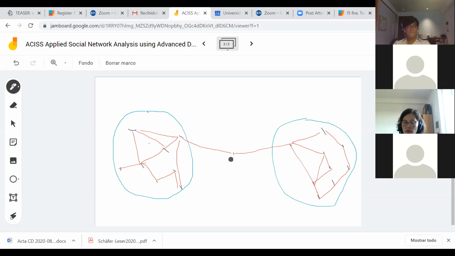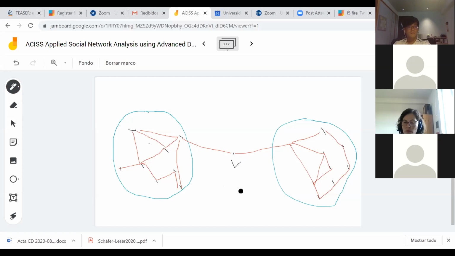This node, we call it node V. And this node has a low degree centrality. Its degree centrality is 2. It has just 2 links, but it connects 2 communities. So node V has a low degree centrality, just 2, but it has a high betweenness centrality.